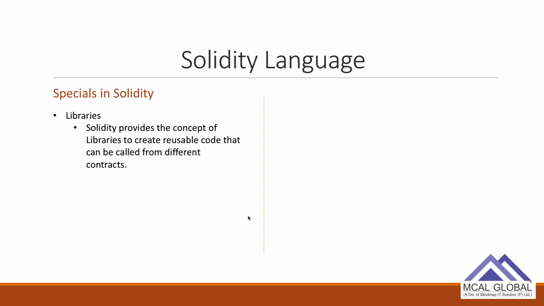Then we have libraries also in Solidity. Basically, it provides the concept of libraries to create reusable code that can be called from different contracts. Suppose there is a utility function that I want to declare, and instead of rewriting that small function at every place, I can just use it from the library.